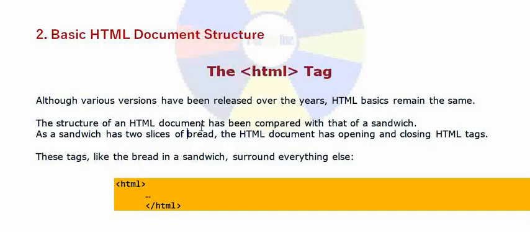So topic number 2: basic HTML document structure. Although there are various versions of HTML over the years, the basic syntax for code remains the same. The HTML code is embedded inside this HTML tag.